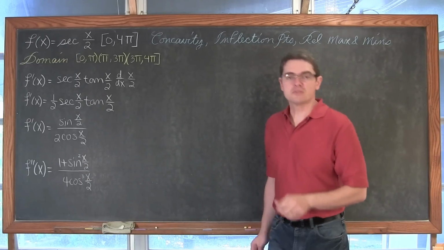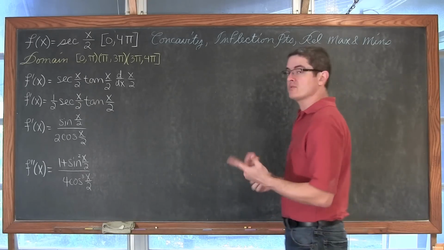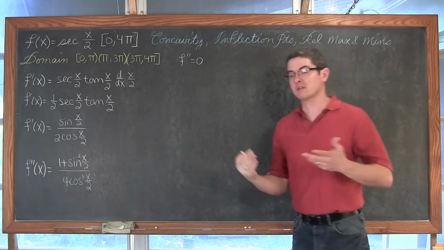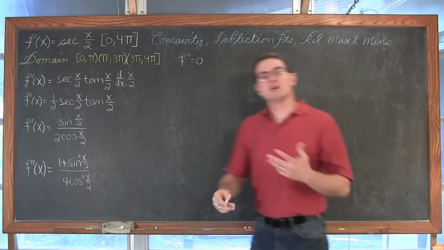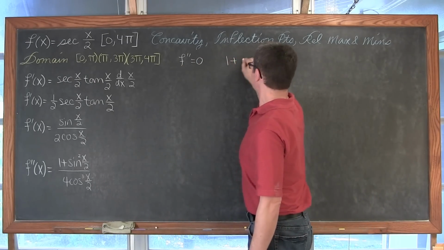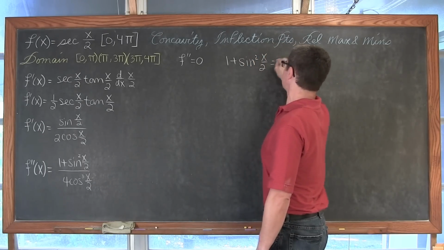Okay, so let's find those critical values to find the intervals at which we're going to test for concavity. So second derivative, where is the second derivative equal to 0? Well, I have a rational function again. So the numerator, where's the numerator equal to 0? Well, it's going to be 1 plus sine squared of x over 2 is equal to 0.